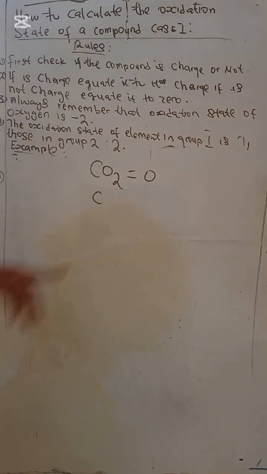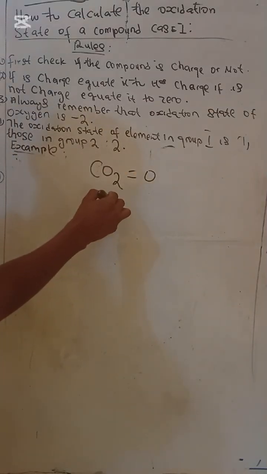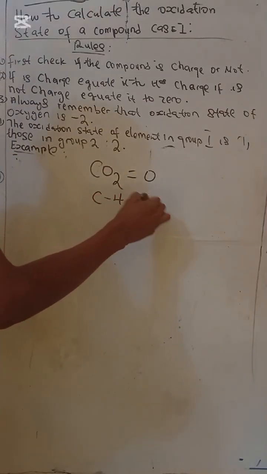So these 2 will multiply the oxidation state of oxygen, which is -2. Remember, this -2 is always constant. So 2 times -2 will give you -4. So you will have C - 4 equal to 0.